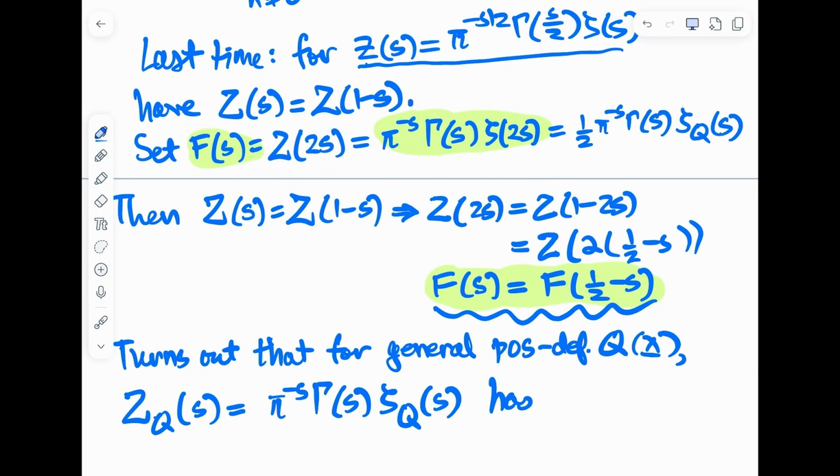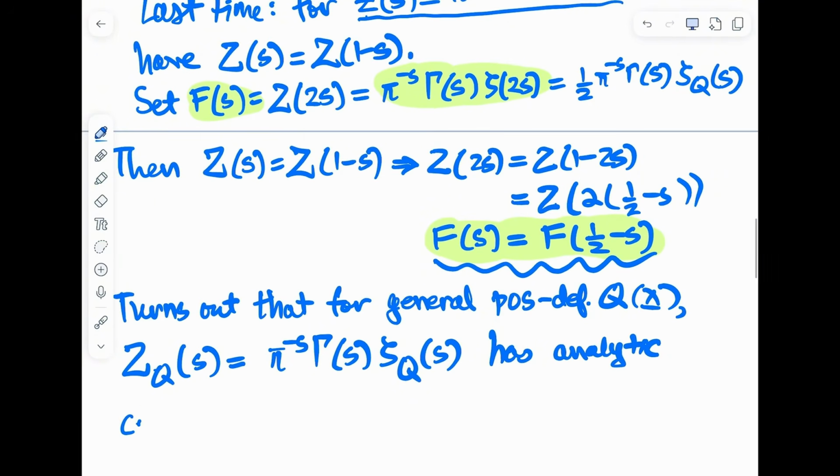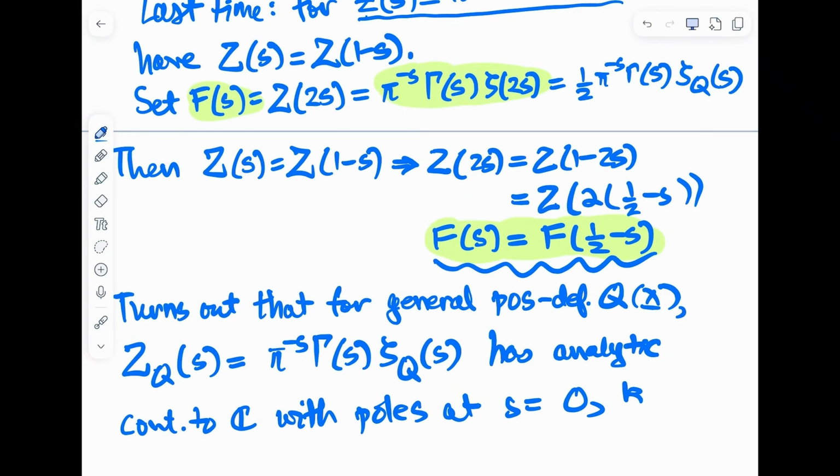So this is going to have an analytic continuation to C, with poles, simple poles, at 2 numbers, 0 and k halves.